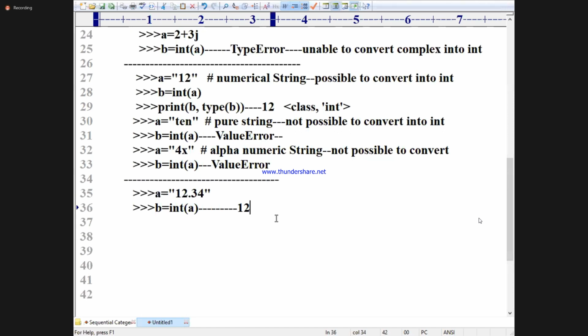With Python, daily you must practice. Everybody will expect. You are thinking that 12.34 is what actually? Float string. You are trying to convert it into int. See, of course, this is not possible.